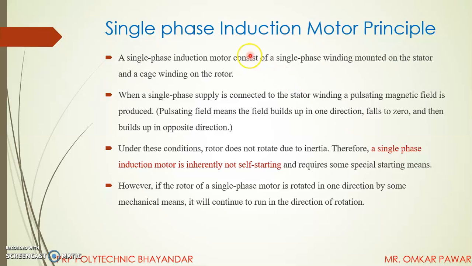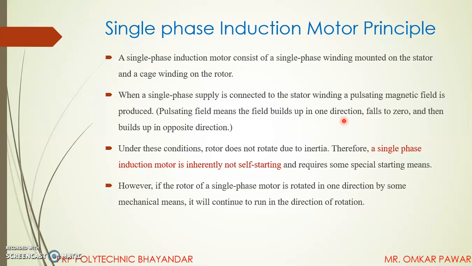A single phase motor consists of single phase winding mounted on the stator, and winding on the rotor. When single phase AC supply is connected to the stator winding, a pulsating magnetic field is produced. A pulsating field means the field builds up in one direction and falls to zero and then builds up in opposite direction.